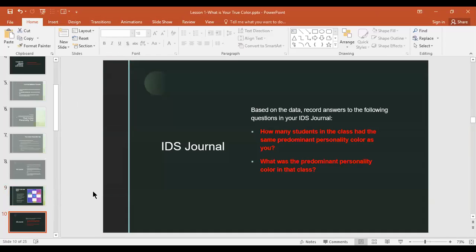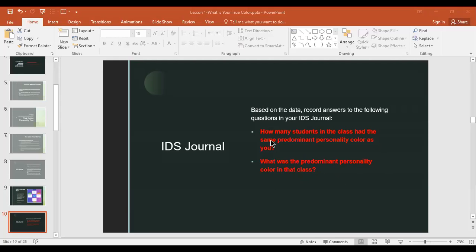So what you're going to do is you're going to go to your IDS journal, and you're going to answer the question: how many students in the class had the same predominant personality color as you? And what was the predominant personality color in this class?